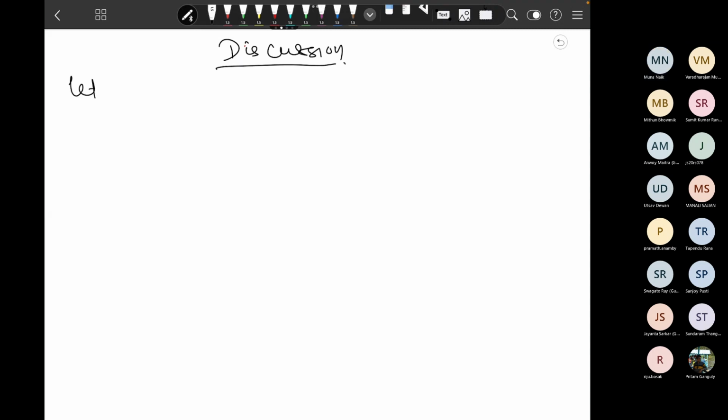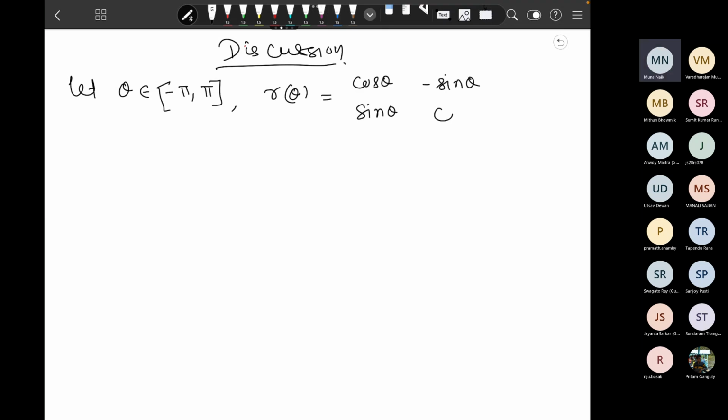Let theta belong to minus pi to pi. So I define R theta as the matrix cos theta, sin theta; minus sin theta, cos theta. So what is this geometrically?